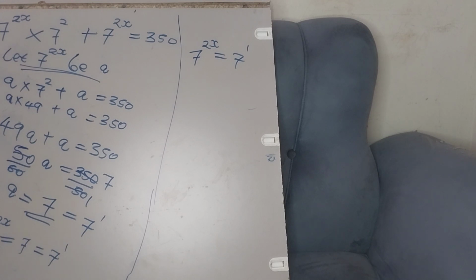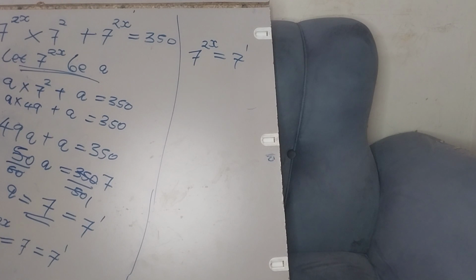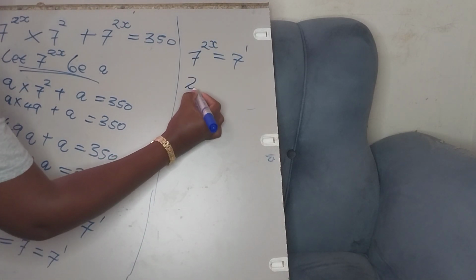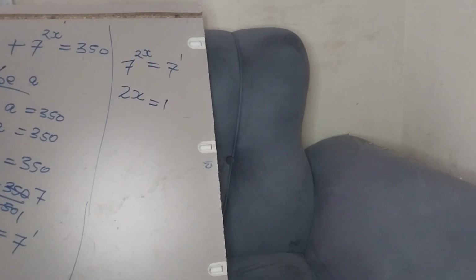Now, 7 to power 2x is equal to 7 to power 1. We have the same base separated by an equal sign. When you have the same base separated by an equal sign, this simply means that the powers are equal. The first power, 2x, is simply equal to 1.